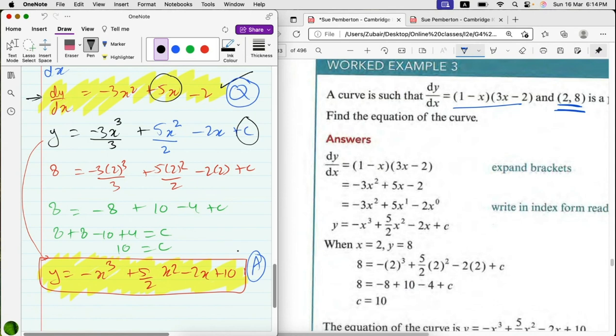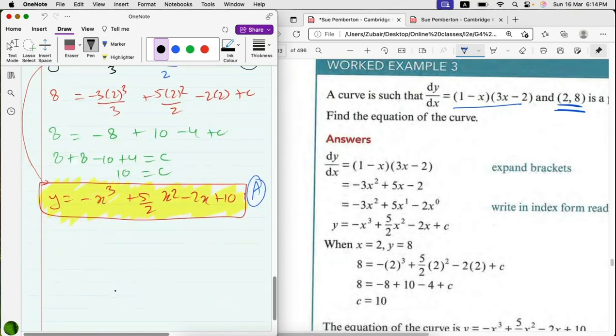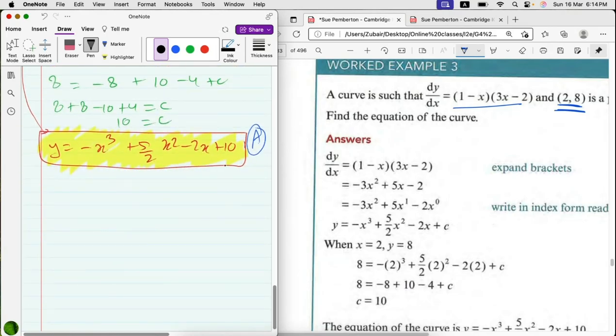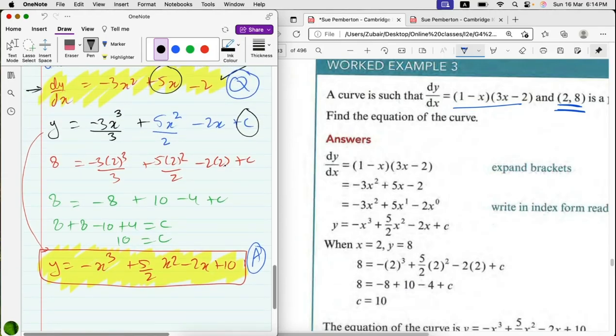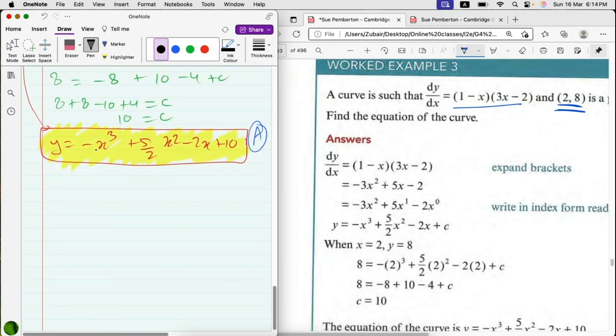Now, just for confidence, differentiate this final answer to check if you get this value. Just differentiate this.